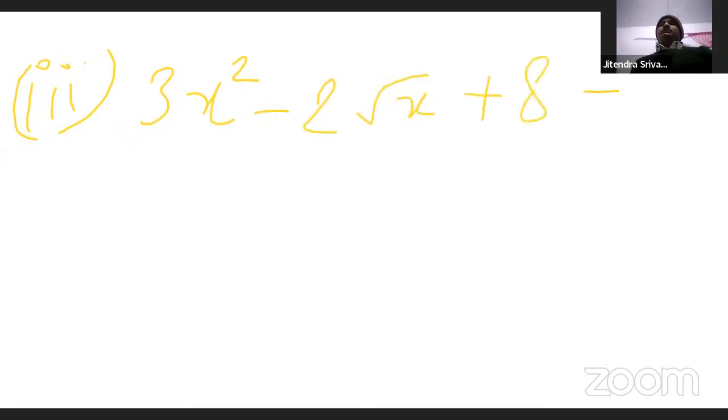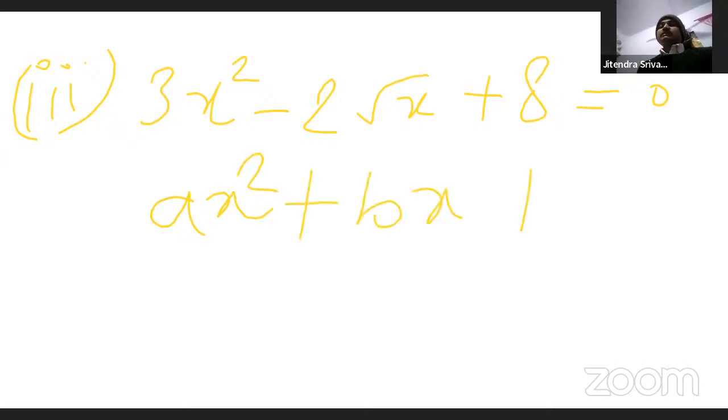So the next question is 3x square minus 2 root x plus 8 equals to 0. Now we have to check if it is in the form of a quadratic equation or not. Here it is not following the rule of ax square plus bx plus c.